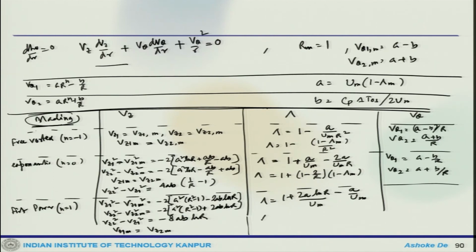This is 1 plus 2 ln r minus (1 minus xi m), and V theta 1 would be A r minus B by r, V theta 2 is A r plus B by r.